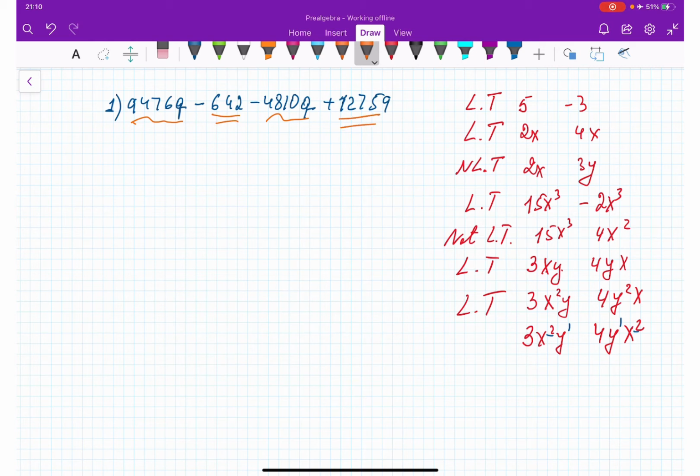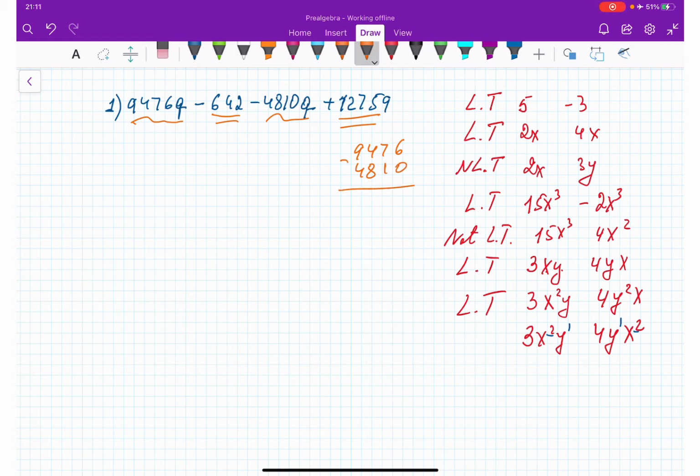So let's combine. Let's do drafting. 9,476, this is positive. This is bigger than 4,810, right? One is positive, one is negative, so we need to subtract 4,810.